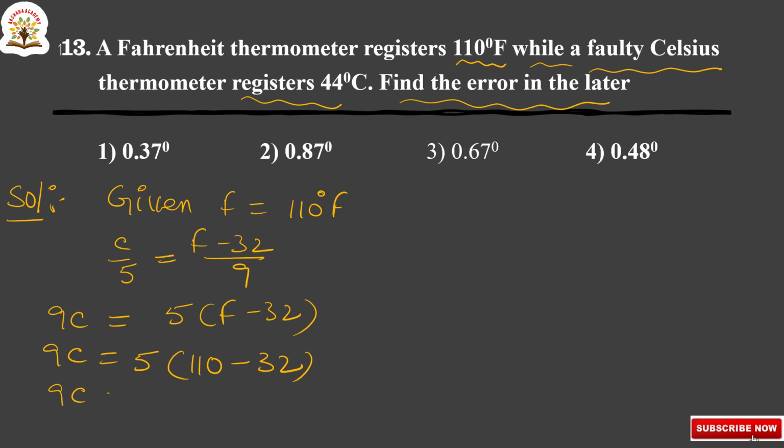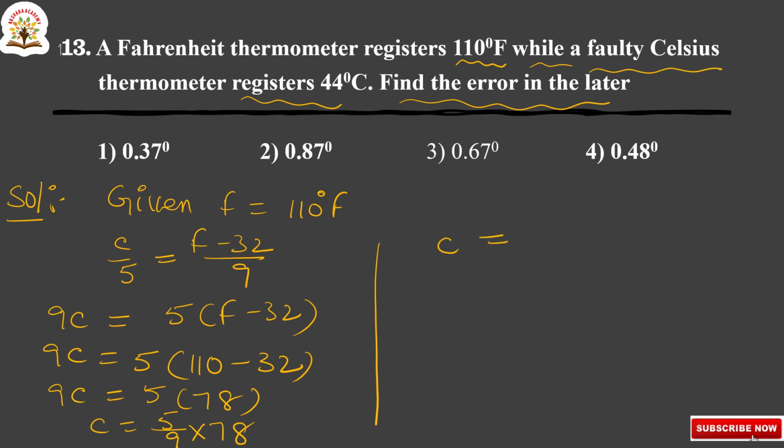So 9C is equal to 110 minus 32, that is 78. So C is equal to 5 by 9 of 78.